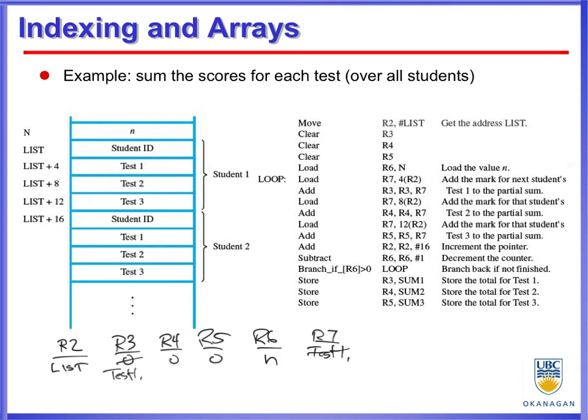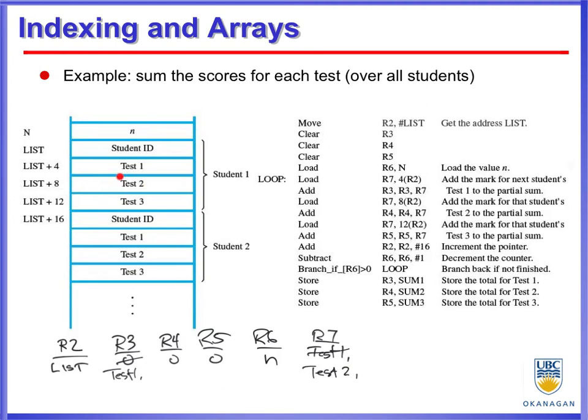Excuse me, so that overwrites this. So we're doing something different than what this says up here, aren't we? I think this is wrong. Okay, so we're right here. We're going to load into R7 what's at R2 plus 8. R2 has list in it.